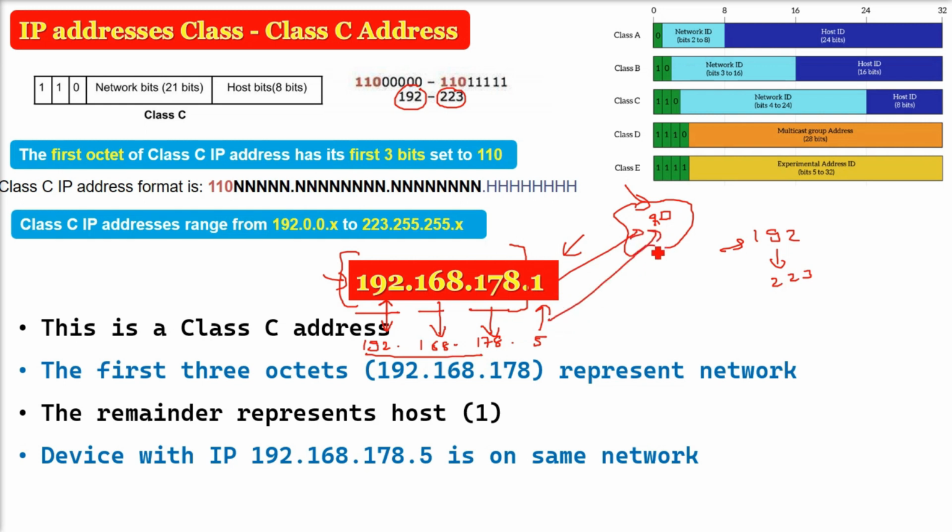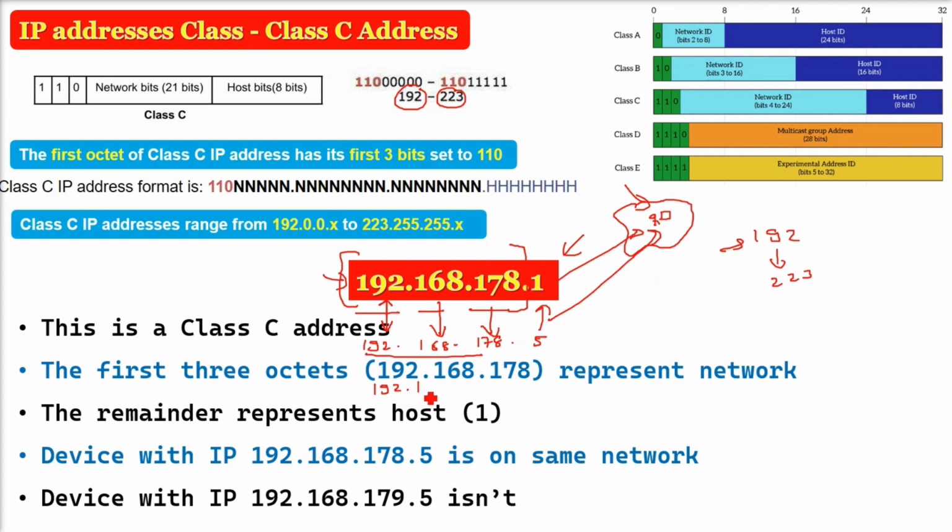But for the other, if I say 192.168.179.5, you just have to match the first three octets. This is not matching, because 179 is not equal to 178. So all three addresses I told you are class C addresses, but the first two belong to the same network, and the third one does not belong to the same network.